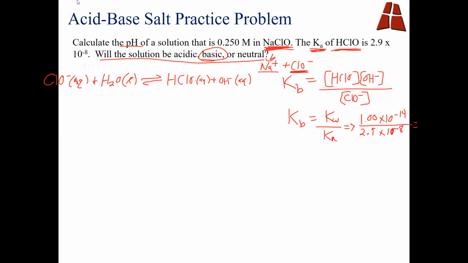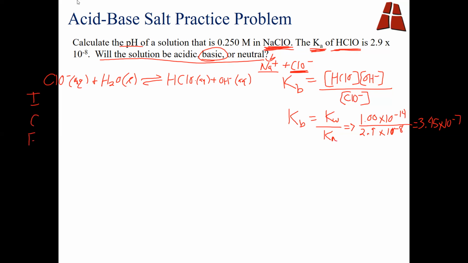And I got a value of 3.45 times 10 to the minus 7th for the Kb value, okay? So we'll come back to that in a little bit, but we can build our ice chart now.